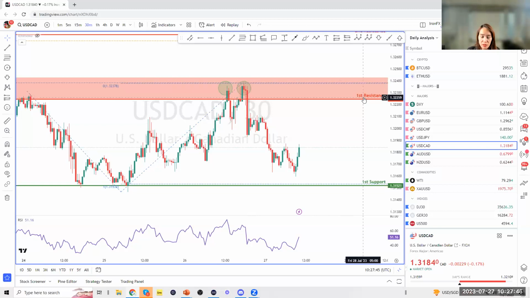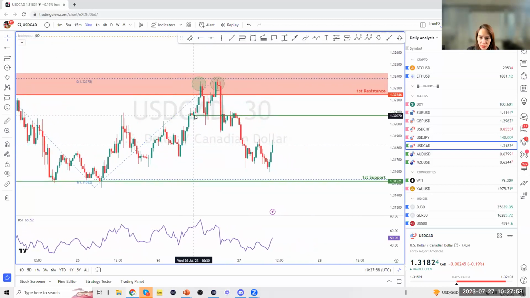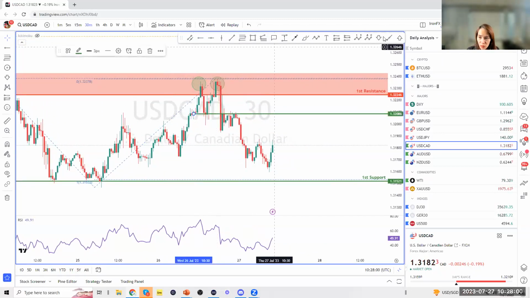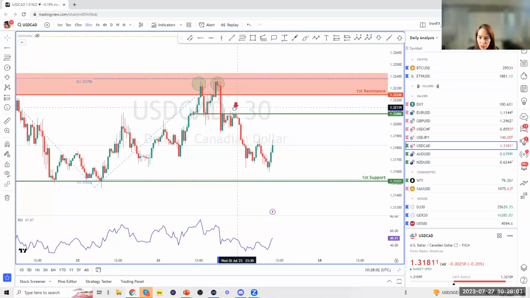Price creates a double top at our resistance, meaning this is a kind of chart pattern. When you see price like that, traders like us will wait at the neckline, which is here, and then we will press the sell order here.